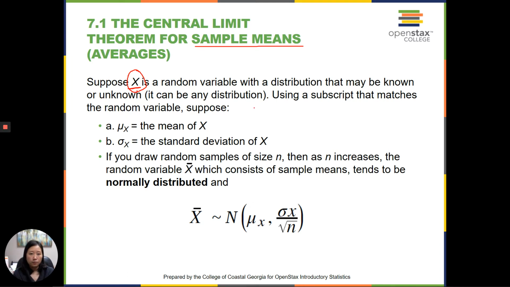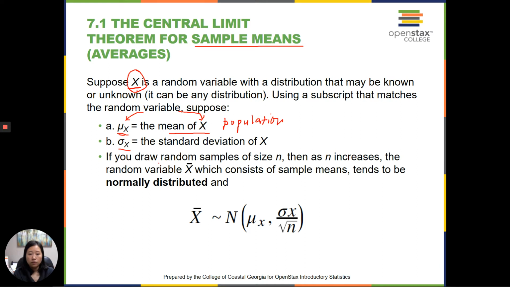Suppose we denote mu x as the mean of x, regardless of whatever distribution x has. So this is the population mean. And sigma x is the population standard deviation of x.